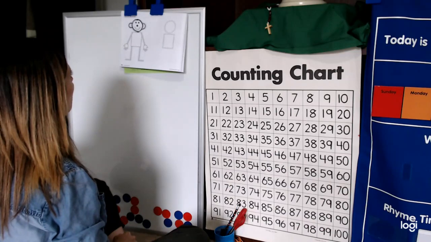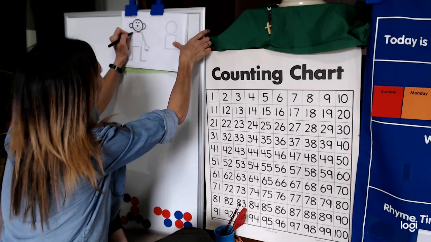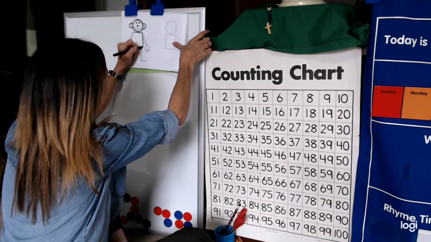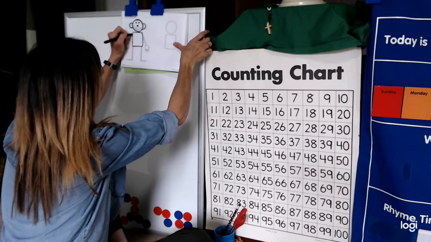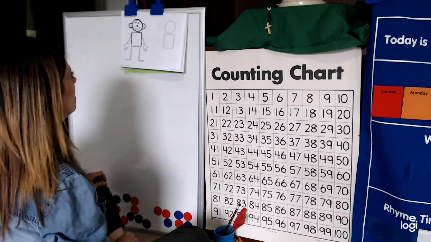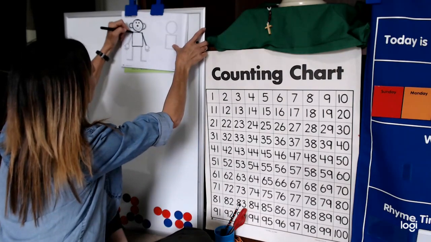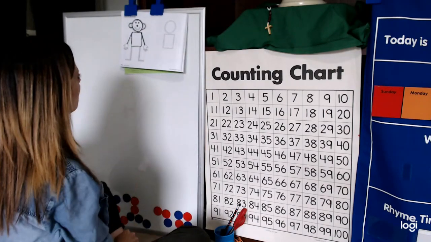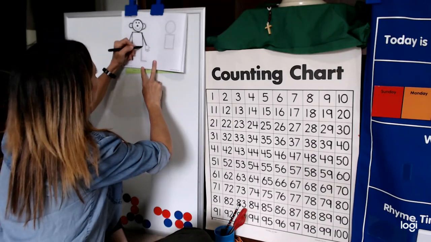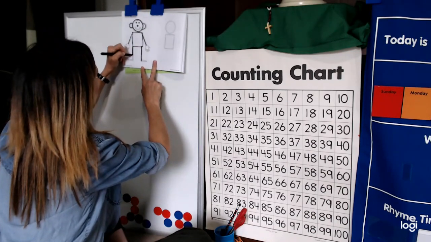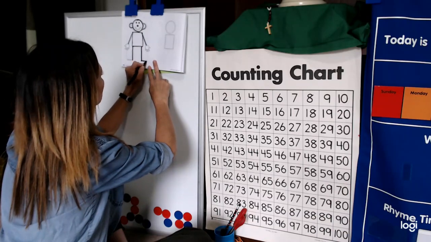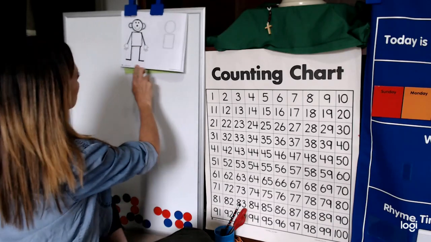Okay. Here is his body, the rectangle. Go ahead and trace over that. Arms are long lines. Legs are long lines. And then across and across. Right?